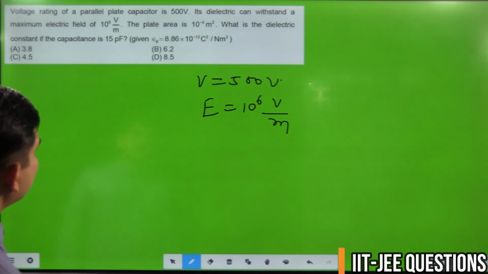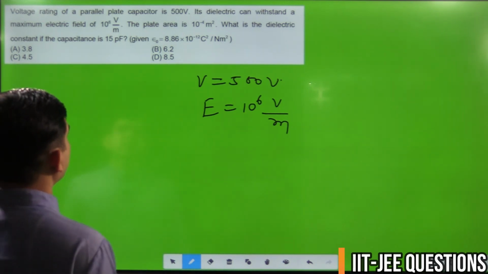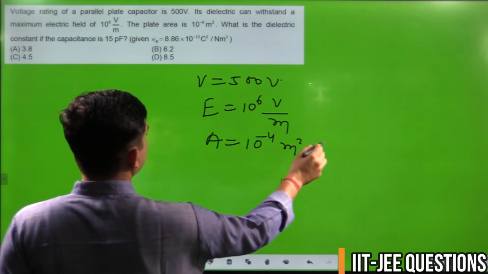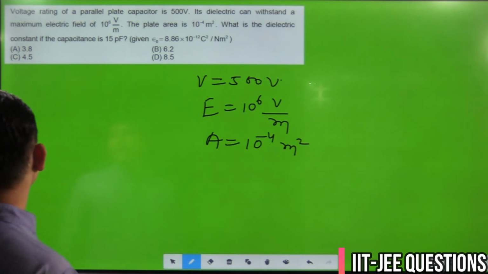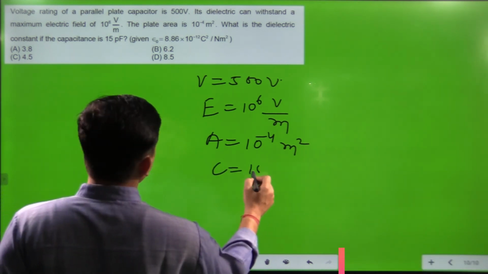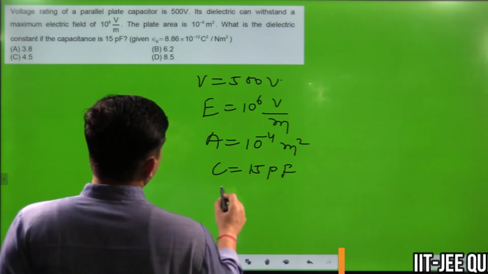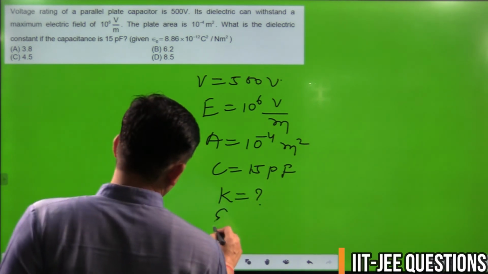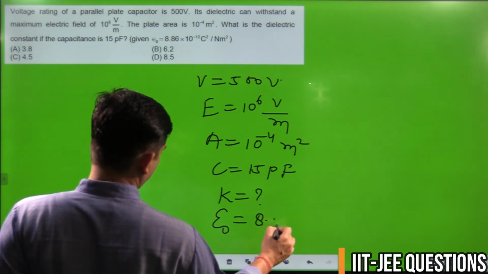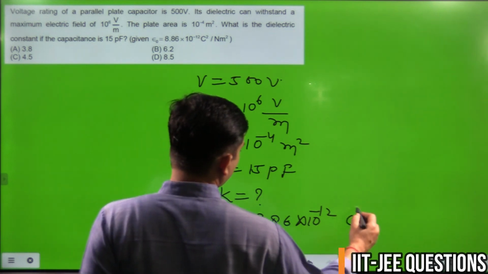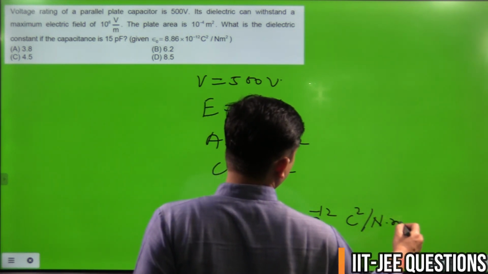The plate area A is 10 to the power minus 4 meter square. What is the dielectric constant if the capacitance C is 15 picofarad? We have to calculate the dielectric constant K, and epsilon naught is also given, that is 8.86 into 10 to the power minus 12 Coulomb square upon Newton meter square.